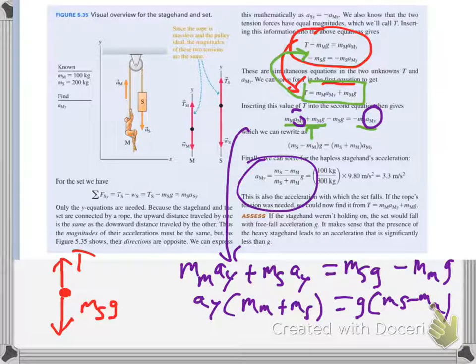So the acceleration that we're going to have downwards here and upwards here is going to have a magnitude of 3.3 meters per second squared. So downwards for the set at 3.3 meters per second squared, and upwards for the person at 3.3 meters per second squared.